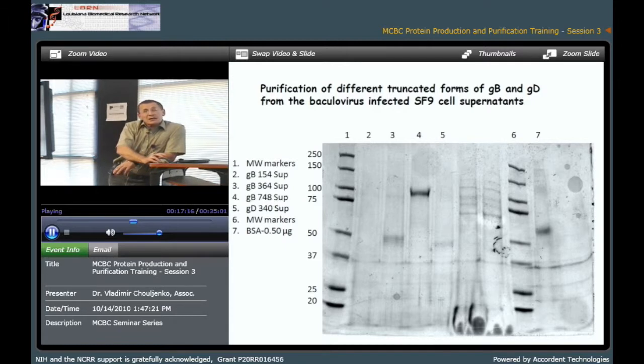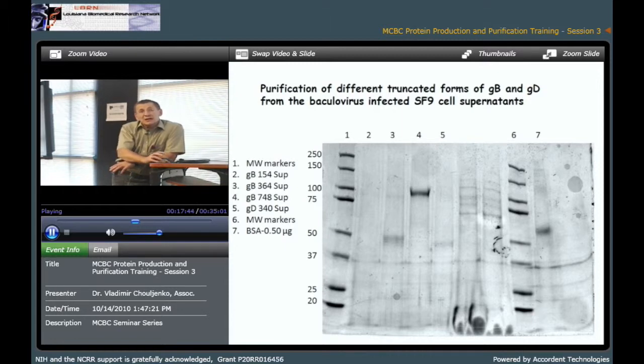In this slide, we have a picture of a protein gel which was Coomassie stained, and all those bands here are real protein. For comparison purposes, lane 7 shows a BSA marker with 0.5 microgram. It means our best protein has at least 2 to 3 microgram minimum.